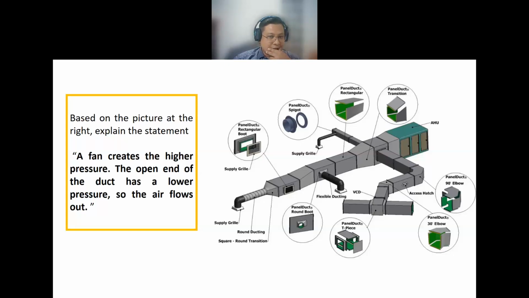Anybody can tell us about this statement, regarding the pressure produced from the blower or fan until the diffuser or end of the duct, which is lower? Anybody can explain? Maybe the fan forces the air to flow in.